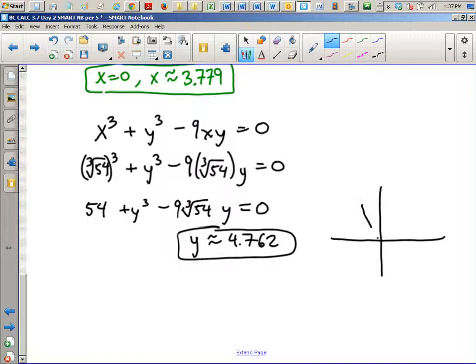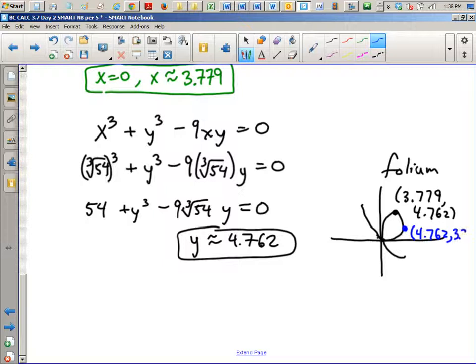This is called a folium, by the way. This top point is at 3.779, comma 4.762. So I believe that this point, I have very good reason to believe it, is at 4.762, comma 3.779.